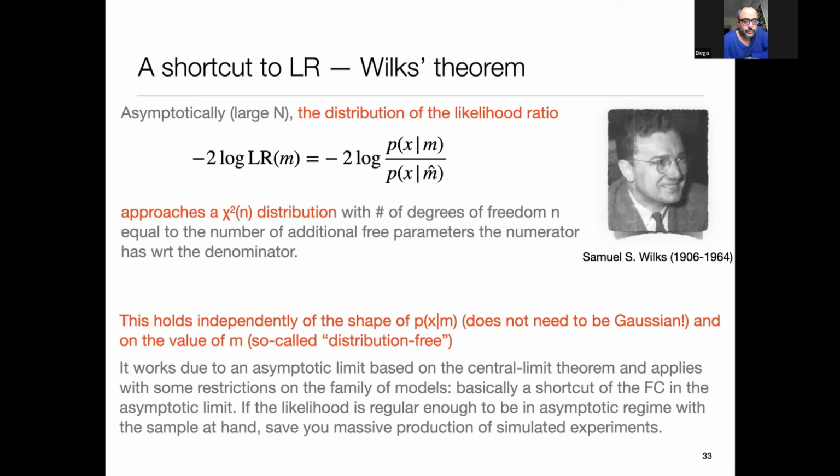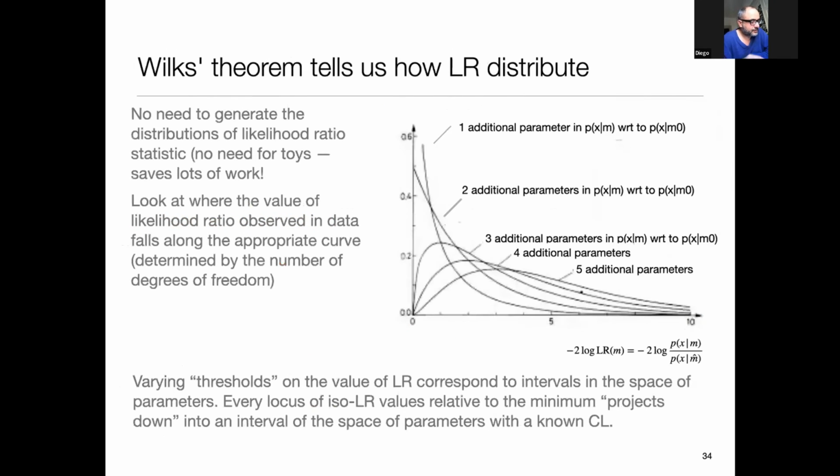You can actually assume, in many cases, or at least verify, but then assume that the likelihood ratio is a chi-square distribution, and this saves you a lot of work because you can use the tabulated curves of the chi-square and see where the likelihood ratio that you observe in your data falls along the appropriate one of these curves. And once you see that, you immediately have actually a Feldman-Cousins band for that particular value.